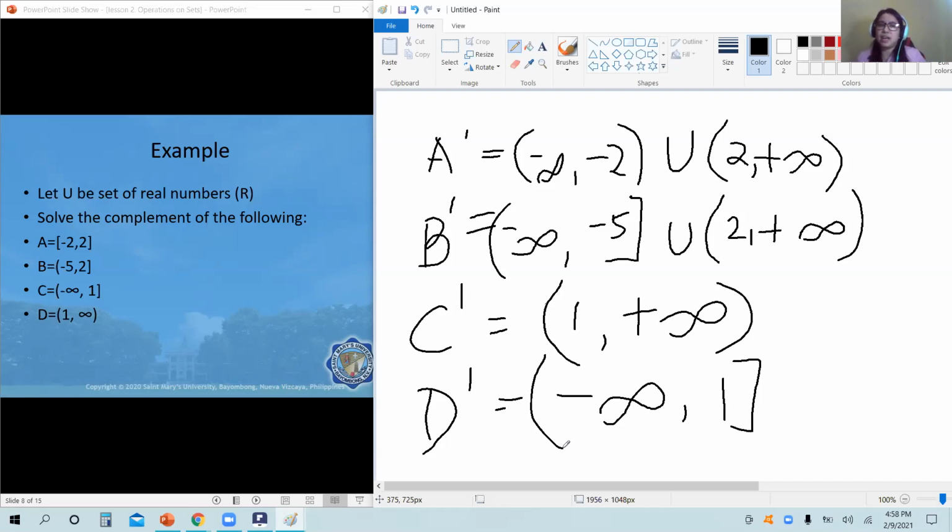So this is the answer for our example. So we have the following: negative infinity to negative 2, union 2 to positive infinity; negative infinity to negative 5, union 2 to positive infinity; 1 to positive infinity; and negative infinity to 1.